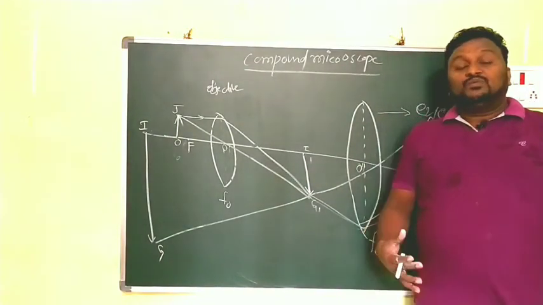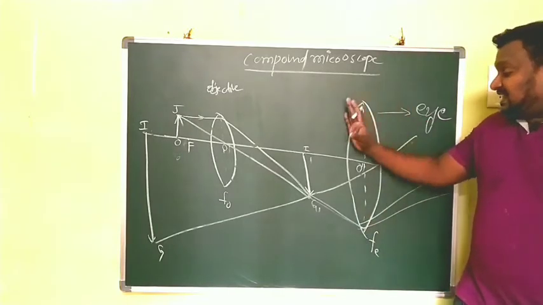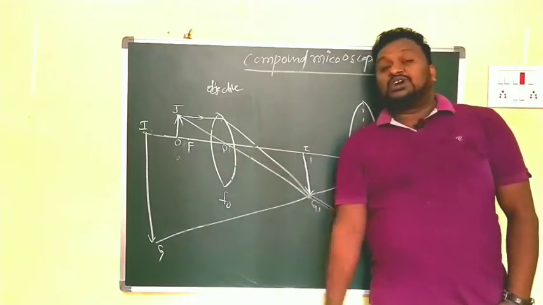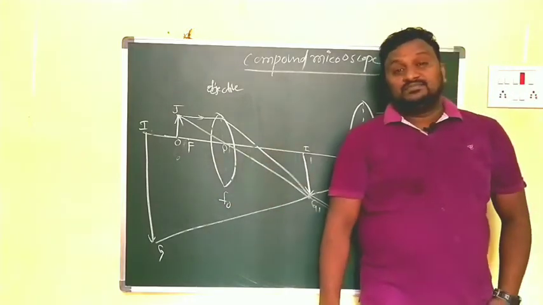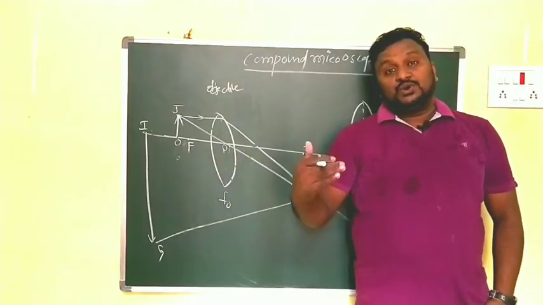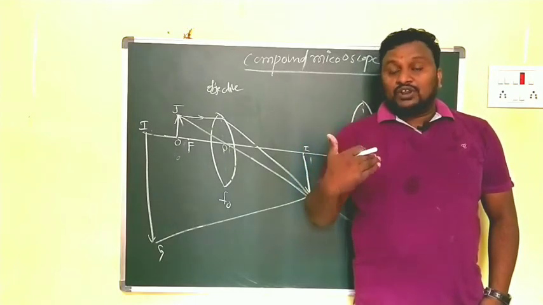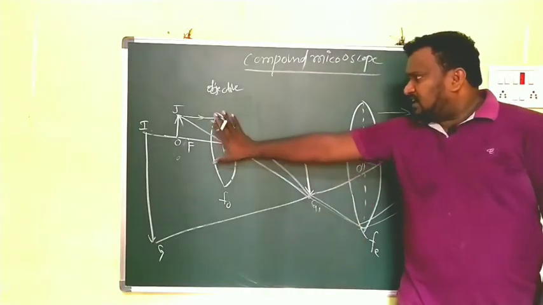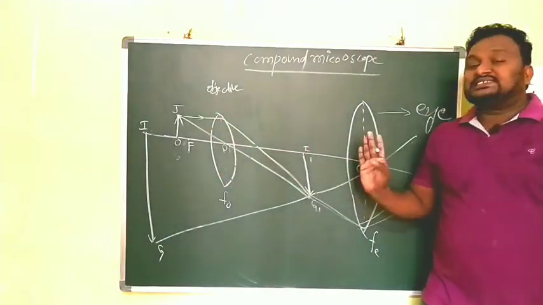Clear? Then this eye lens acts like a simple microscope because the object and image both form on the same side. Once you go to the working of the simple microscope, the same topic will be there.